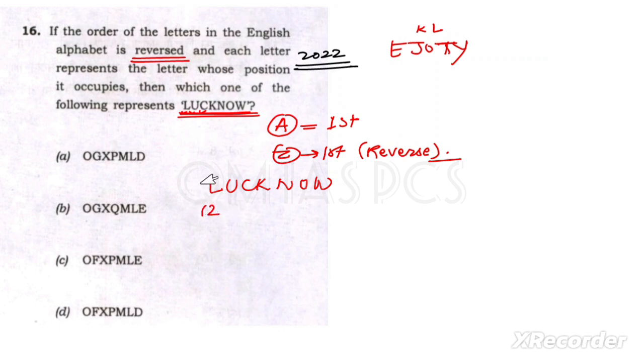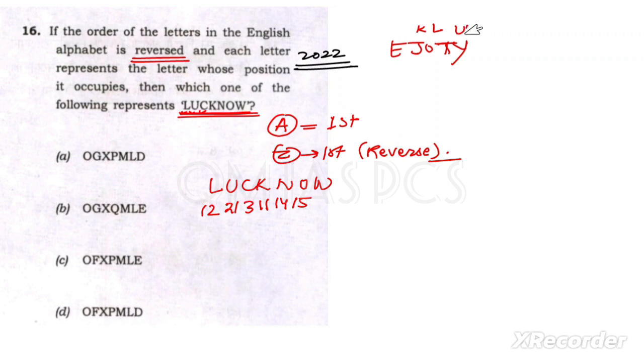T, U means 20, 21. It will be 21. C is equal to 3. K is equal to what? J, K, so it will be 11. N: M, N, O means 13, 14, 15, so N will be 14. And W: T, U, V, W is 20, 21, 22, 23.